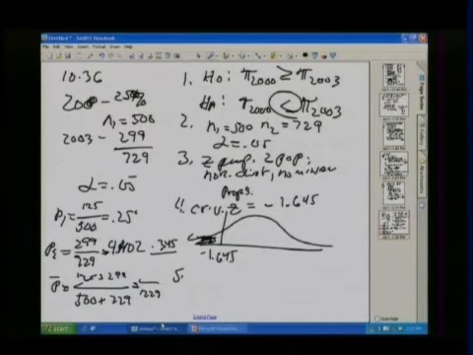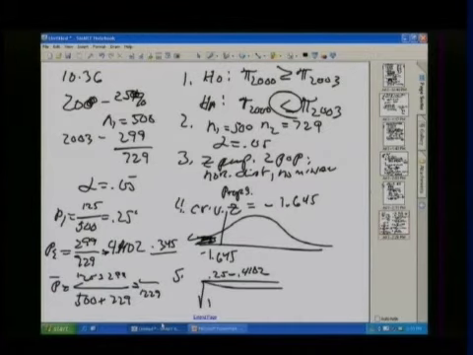So now I'm ready to plug into my formula to see what I come up with. I take the sample proportions, 0.25 minus 0.4102, divided by the square root of P bar, which we just found, 0.345, multiplied by 1 minus P bar, that is 0.655.